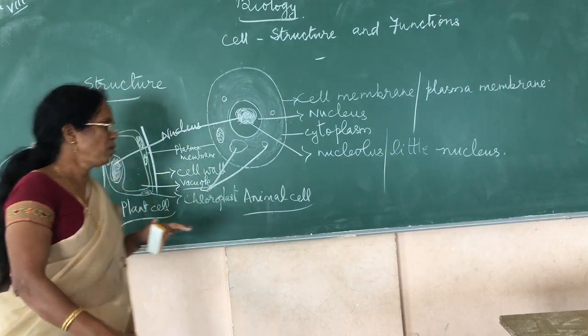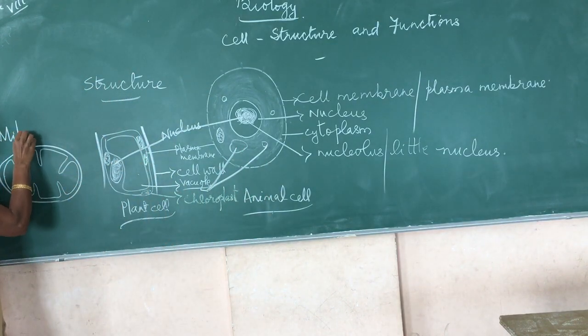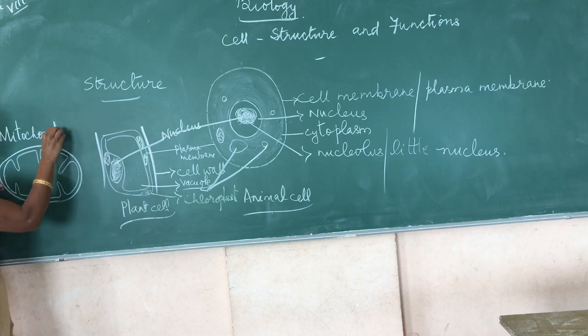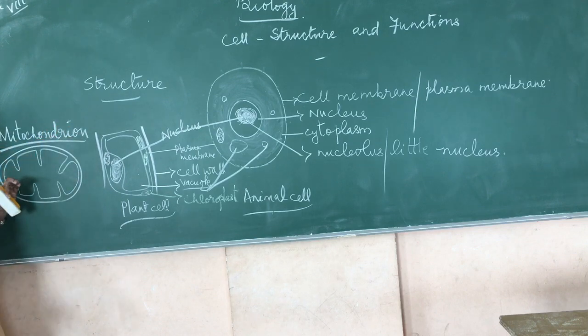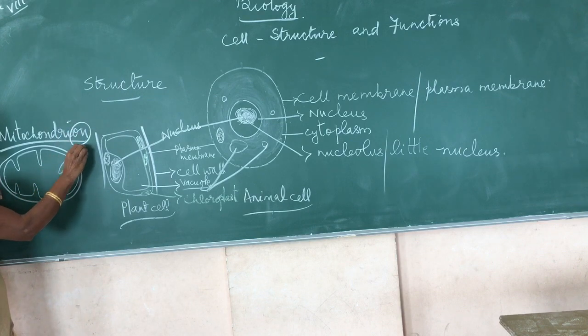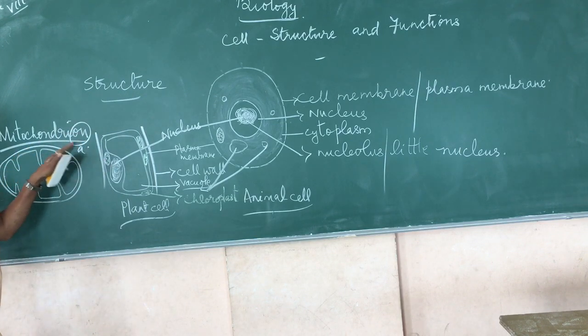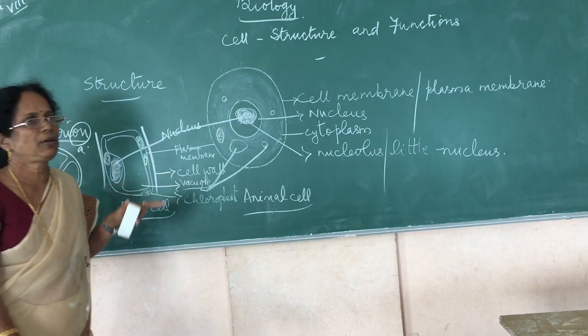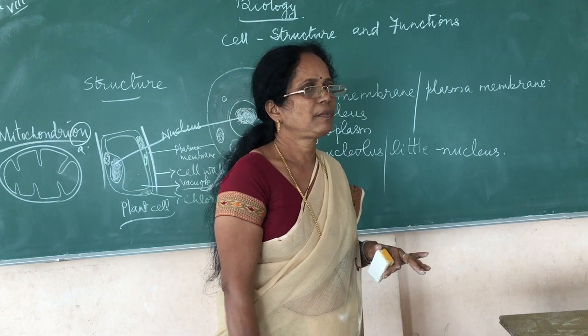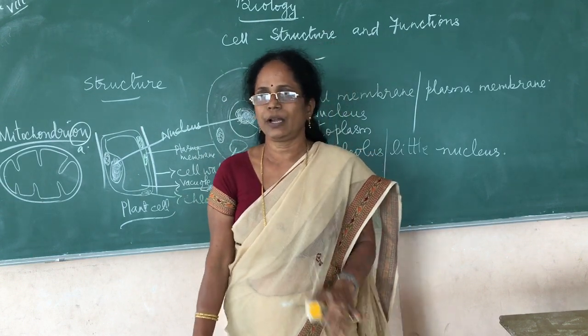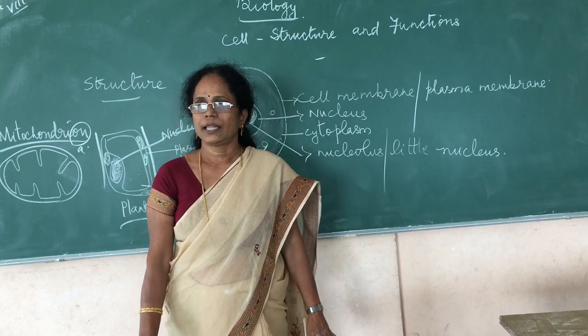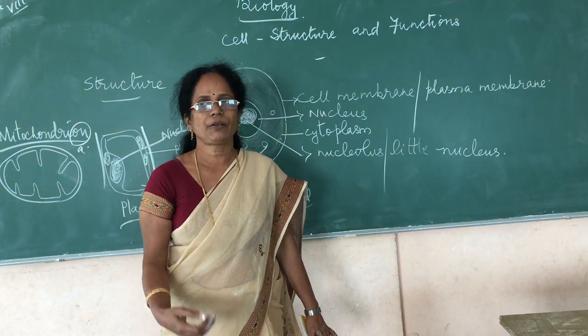Mitochondria is called the powerhouse of a cell. This is one mitochondria. The function of mitochondria is to release energy. That is why it is called the powerhouse of a cell.